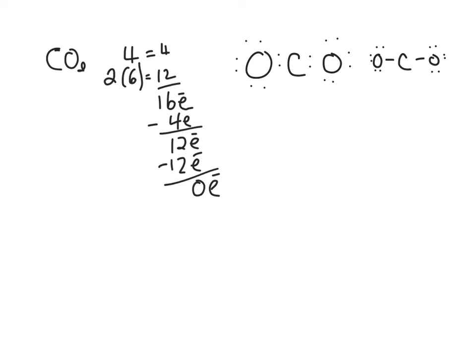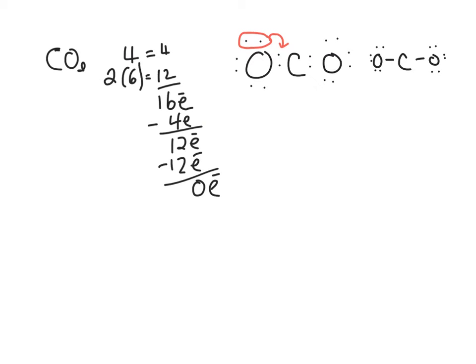So step 7 says, if your central atom doesn't have a full octet, convert one or more lone pairs to a double bond. So what we're going to do is we're going to take one of these and put it between.